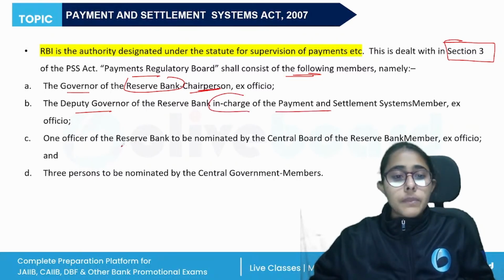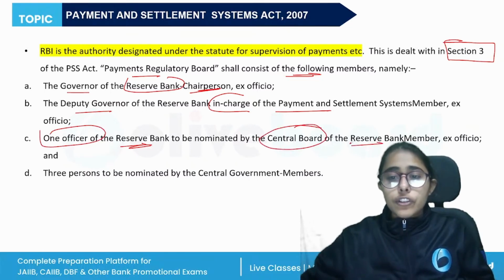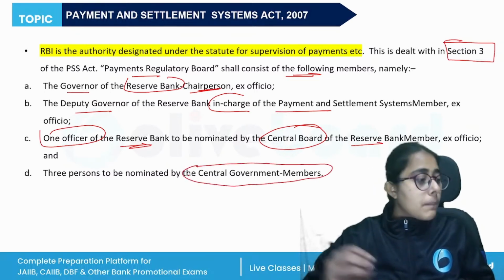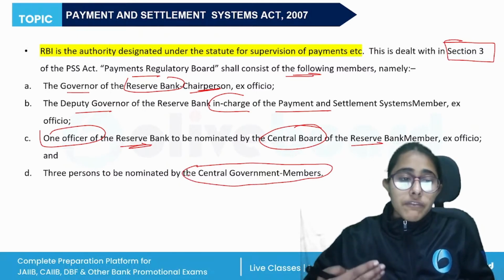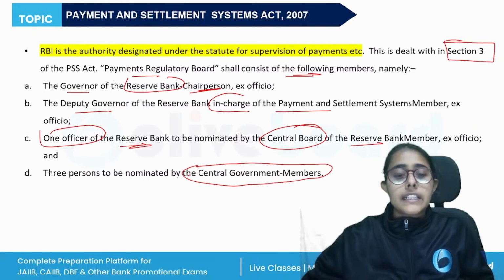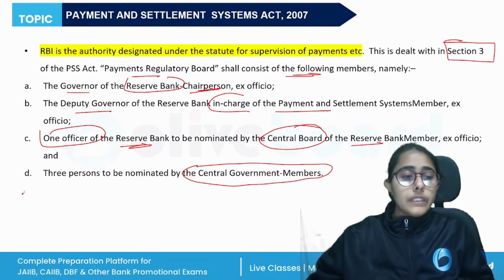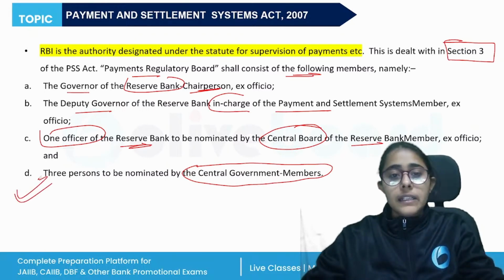One officer from the Reserve Bank is to be nominated by the central government to be an ex officio member, and three other persons are to be nominated by the central government to be the members. So apart from the RBI governor and deputy governor, one officer and three other persons will be nominated by the central government. These are going to be the members of the regulatory board.